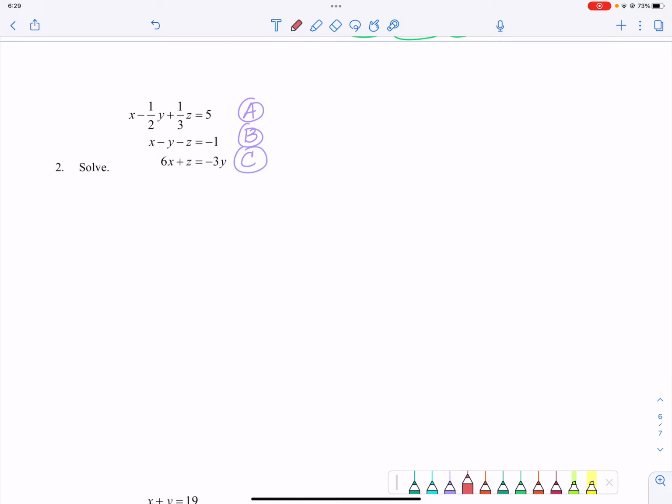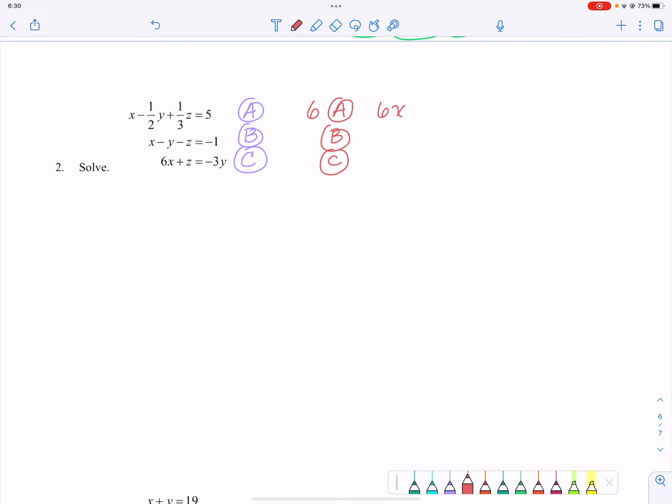So let's go ahead and multiply A times 2, and we'll rewrite B and C. So we have 2x minus y, and actually I think I should multiply by 6 to clear both of those fractions.